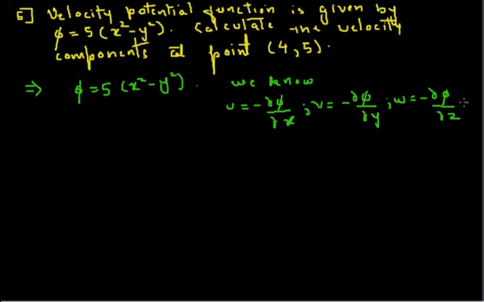This is the property of the velocity potential function. We will use the same property to find the velocities at the point 4, 5.